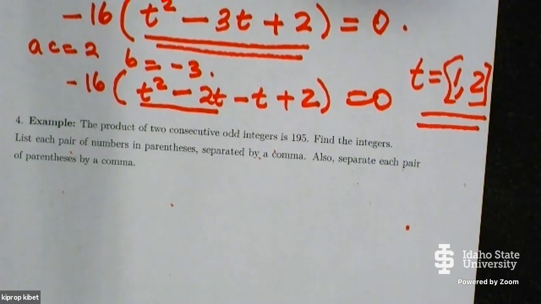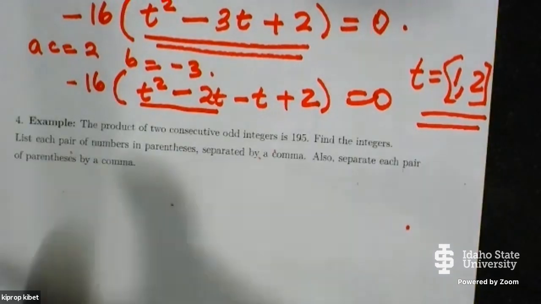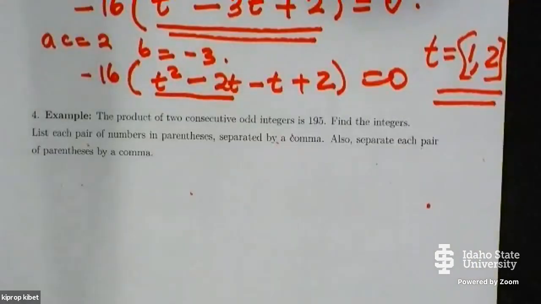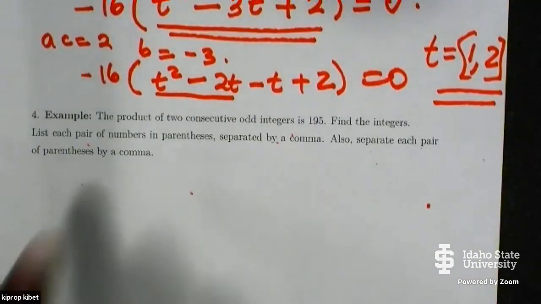William, read for us question number 4. The product of two consecutive integers is 195. Each pair of numbers in parentheses is separated by a comma. This question is in your homework, but I saw no one has done the homework.